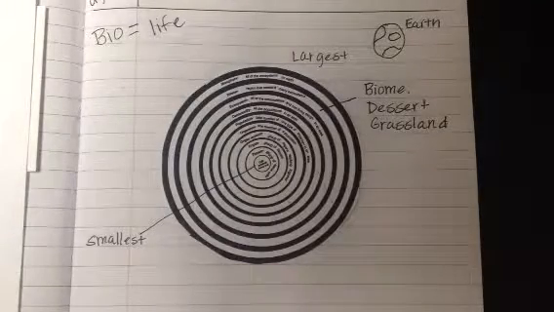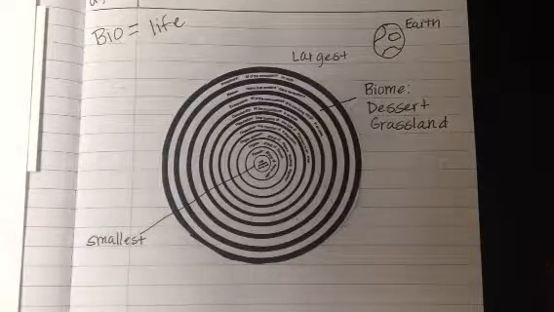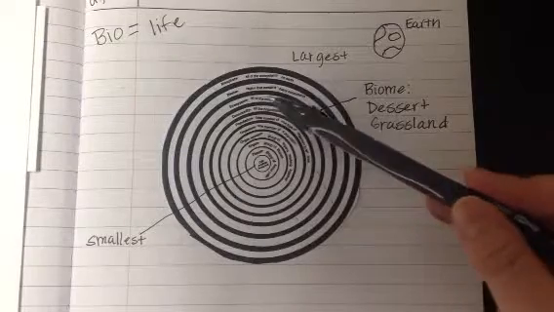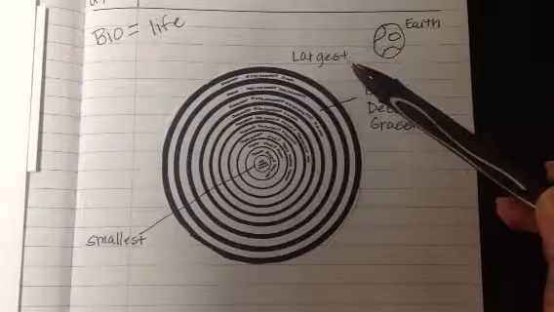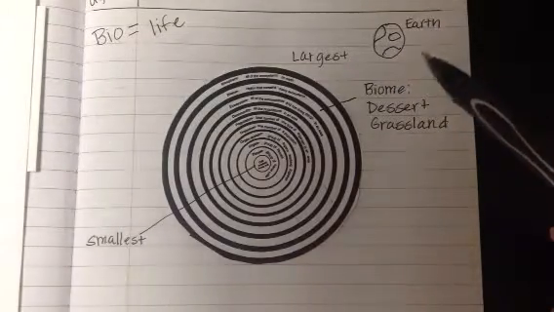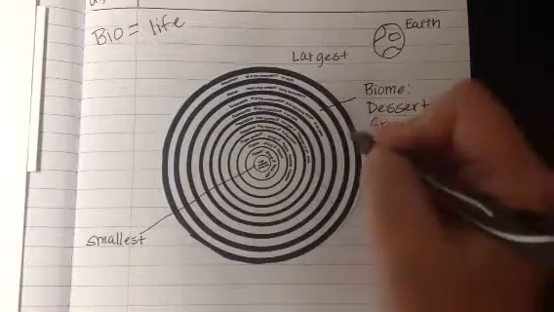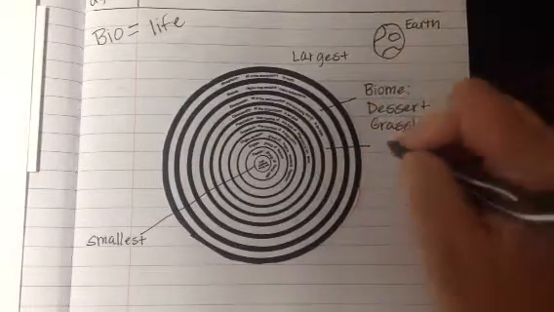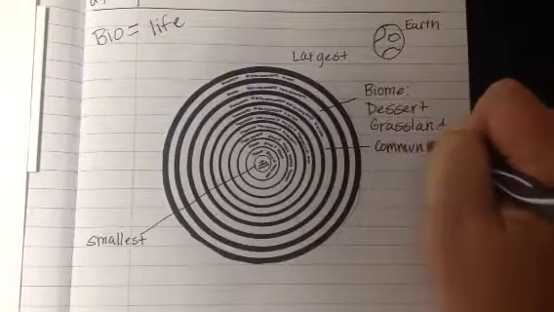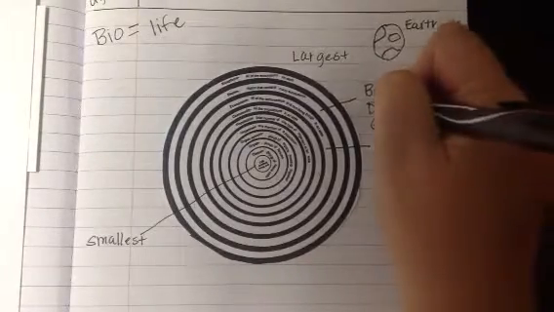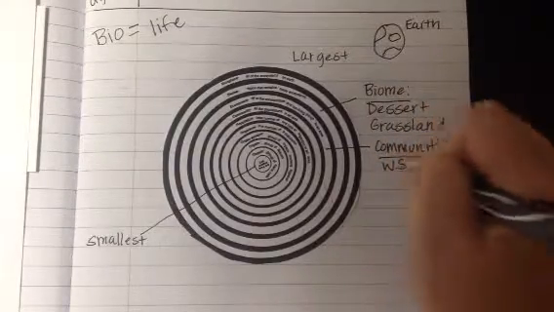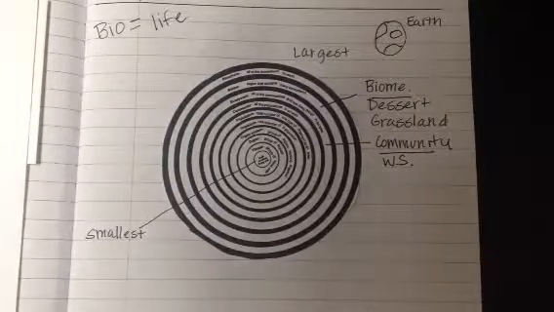Okay, from biome we have ecosystems. Remember, ecosystems are the next that make up a biome. And then we have a community. This is all the population in an area. So like we have the White Settlement area.